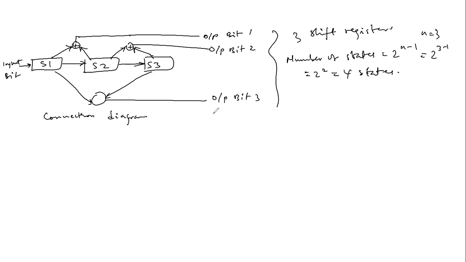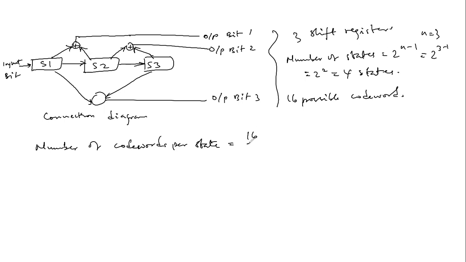But now we are considering 16 possible code words, right? So the number of code words per state will therefore be 16 divided by 4, which is equal to 4 code words per state. Hence, should we have the truth table?